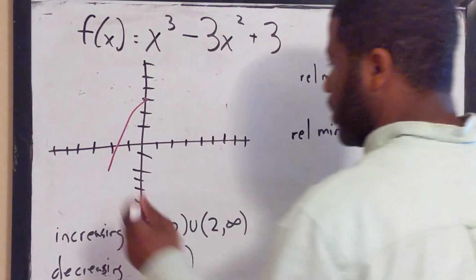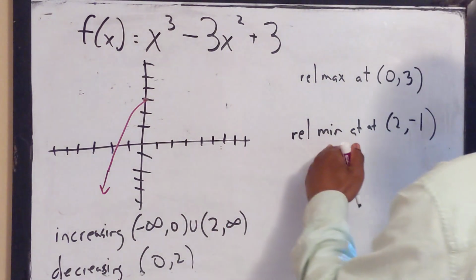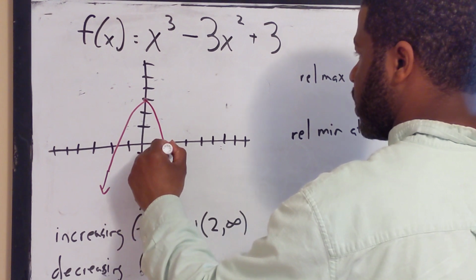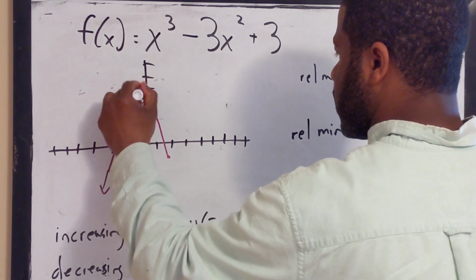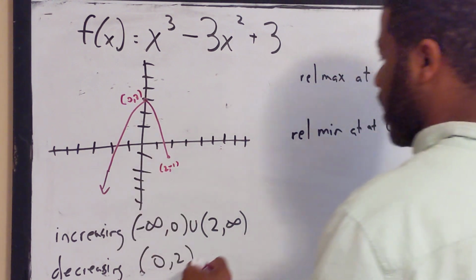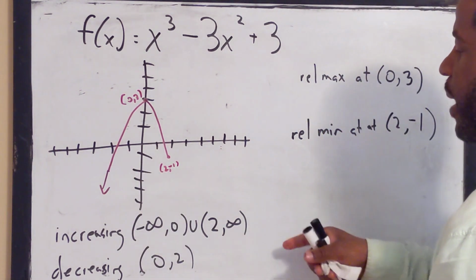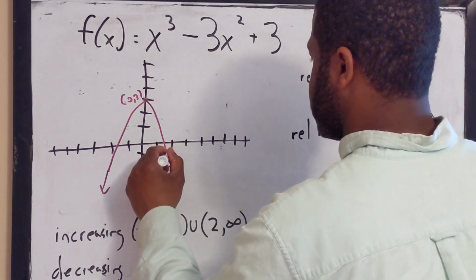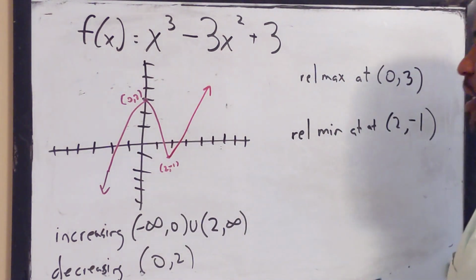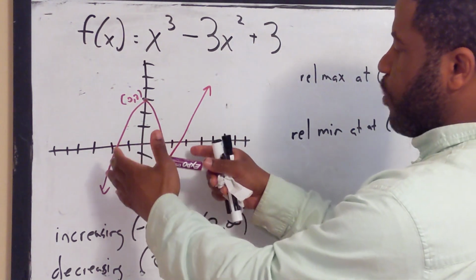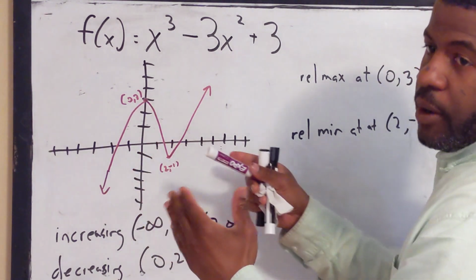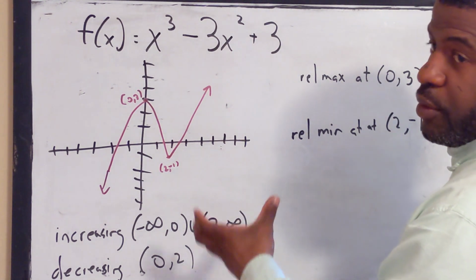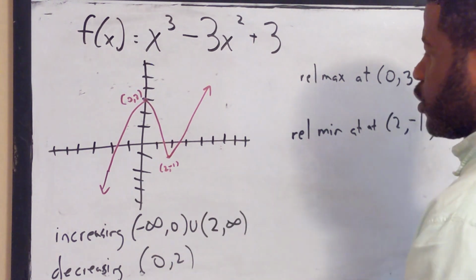And this is just going up, and my relative minimum is going to be at 2, negative 1, and then what happens as you get there is it's going to increase again. I'm going to stress this again. These may not be the exact points. I'm doing this just to show the increasing and the decreasing values. They're going to probably be right in there, but we want to get a sketch of what we're doing.